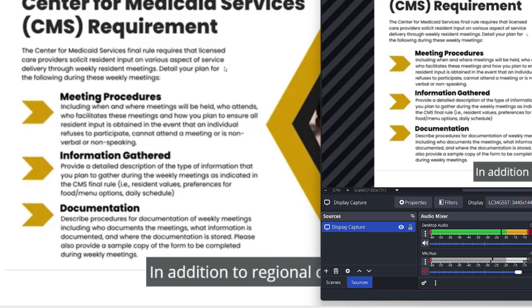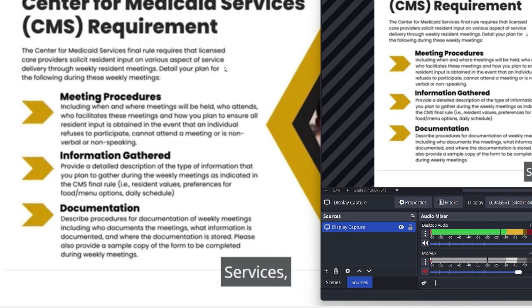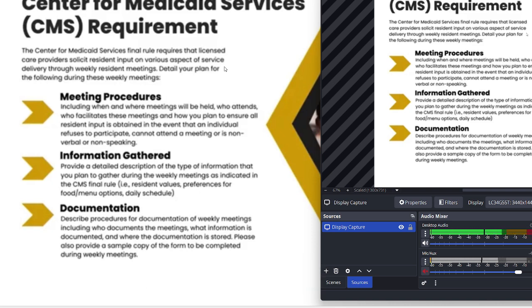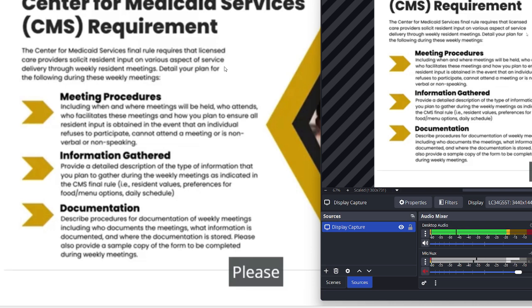In addition to regional center requirements, the Centers for Medicare and Medicaid Services, in their final rule, also has a few requirements. One of those being that licensed care providers must solicit resident input on various aspects of service delivery through hosting weekly resident meetings.